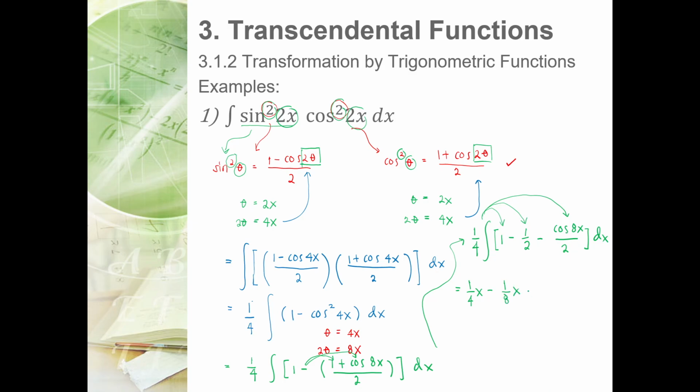And then the integral of cosine is sine. So this will give us 1/4, times 1 over 8, then times 1/2, and then times sine 8x plus c.